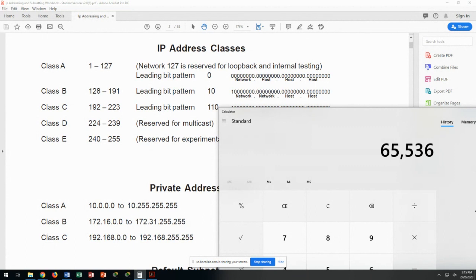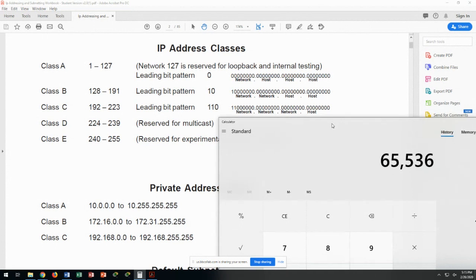And finally, we have the Class C, which is 192.168.0.0 to 192.168.255.255. Once again, with Class C we have 3 digits, so we've got 256 networks with 256 IPs. Does that make sense to everybody? No? Okay.